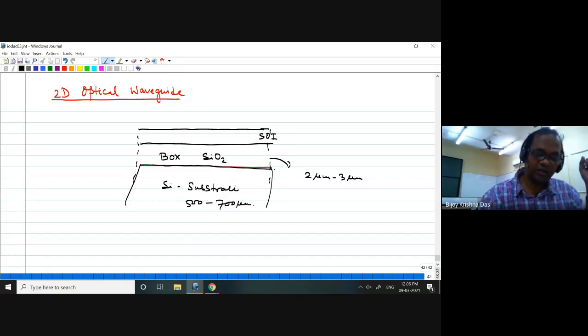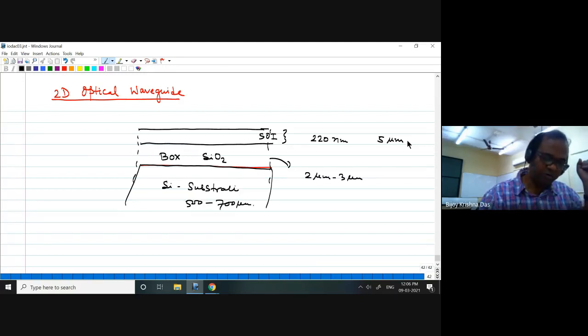There are different customized layer thicknesses you can have, but these are the parameters normally available for silicon photonics. The SOI layer is typically 220 nanometers, but we have also worked with SOI layer thickness as large as 5 micrometers. Any thickness you can use, and you can design a single mode waveguide.